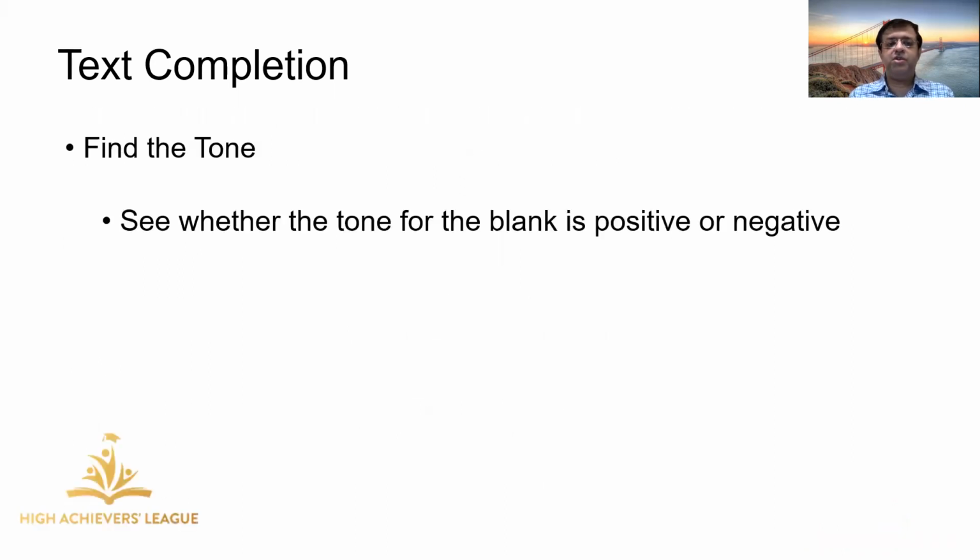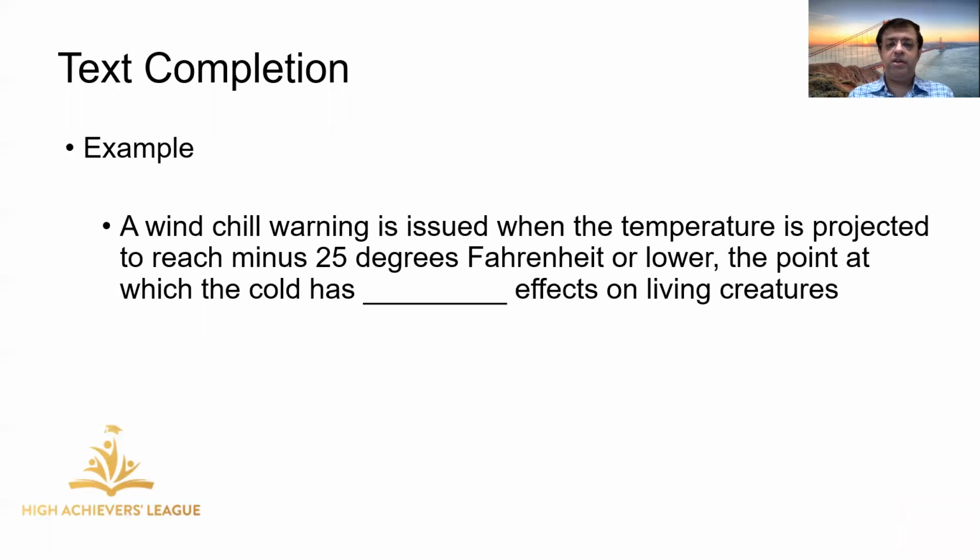Besides the clue, you should also look at the tone of the blank and the sentence to see whether it's positive or negative. A wind chill warning is issued when the temperature is projected to reach minus 25 degrees Fahrenheit or lower, the point at which the cold has dash effects on living creatures.